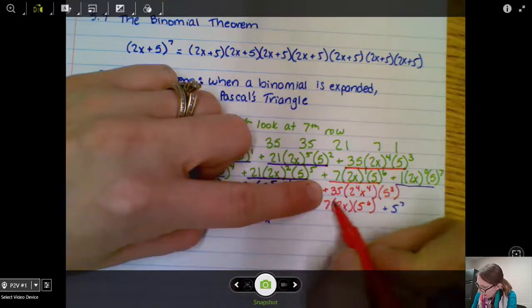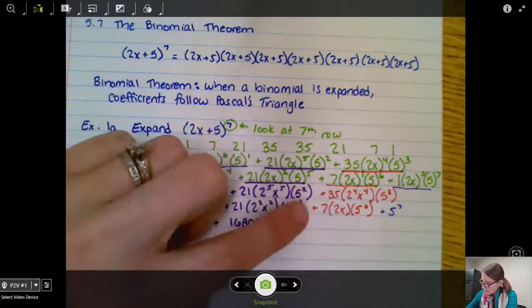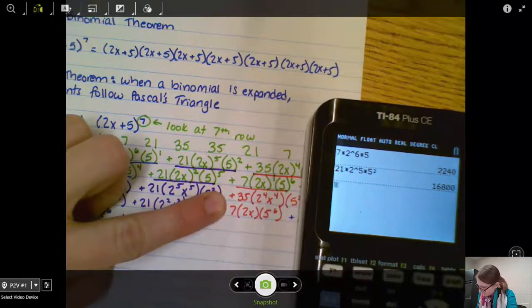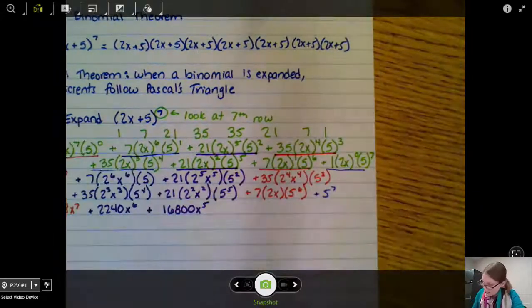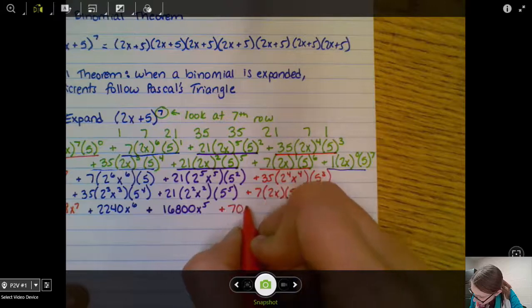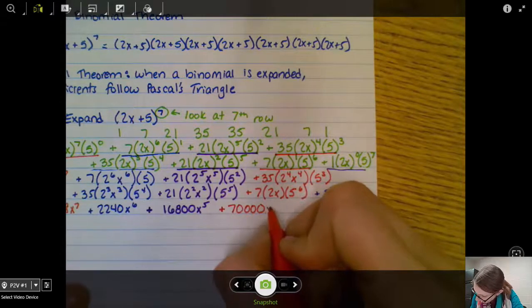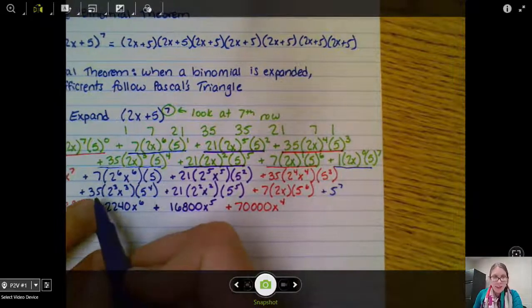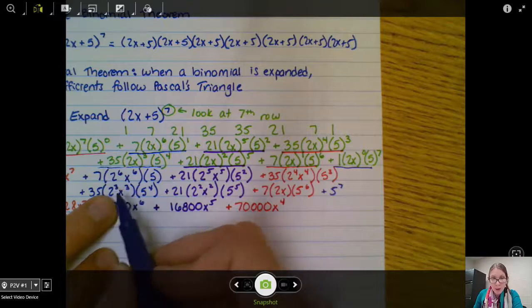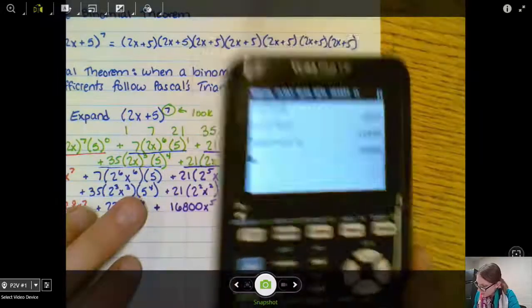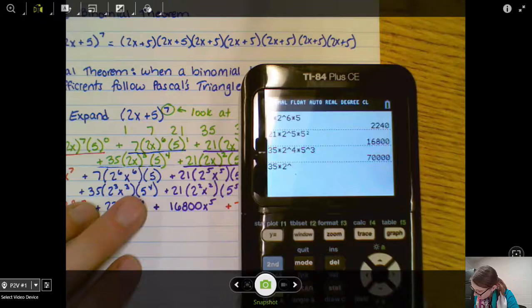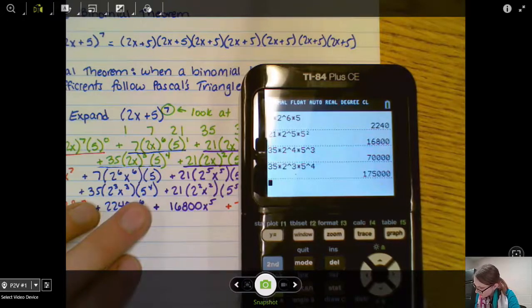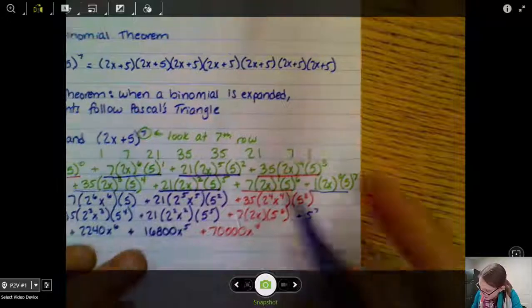Next here I take 35 times 2 to the 4th times 5 to the 3rd, which is 70,000 x to the 4th. Then I'll take 35 times 2 to the 3rd times 5 to the 4th, which is 175,000.